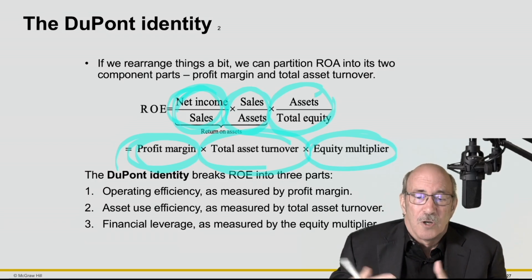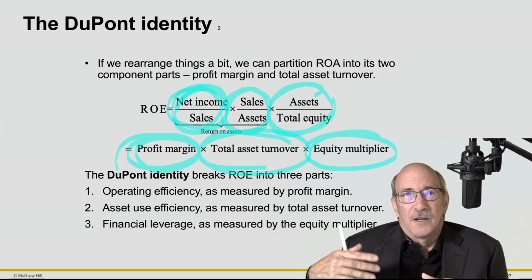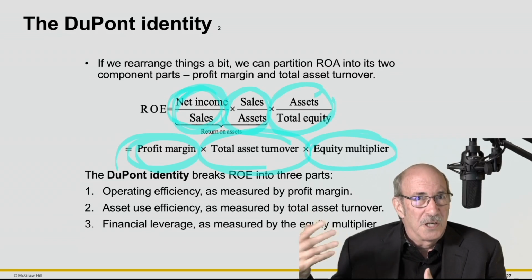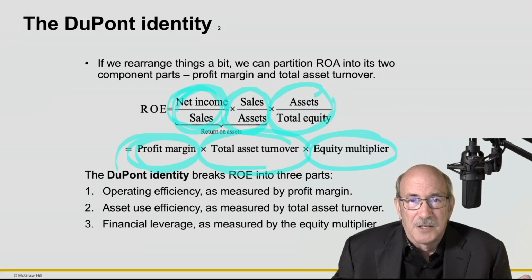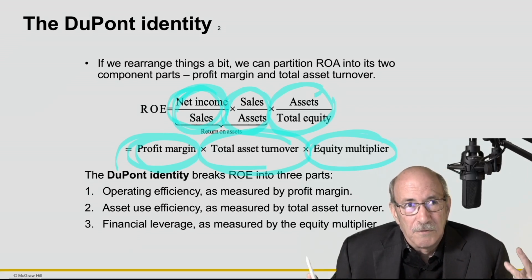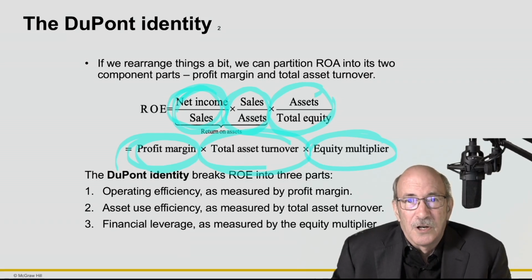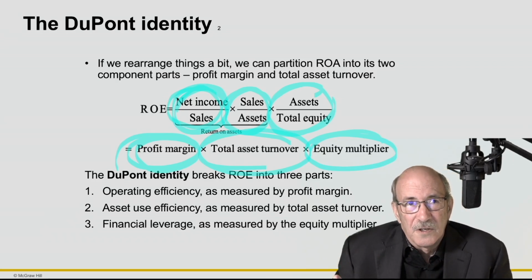And then we're also comparing all of these ratios for the subject firm with benchmarks using peer groups or industry averages. So this DuPont identity, DuPont analysis, or just simply ROE decomposition, all synonyms for one another, is a very helpful technique when we are attempting to understand what is the value generator in a particular firm.